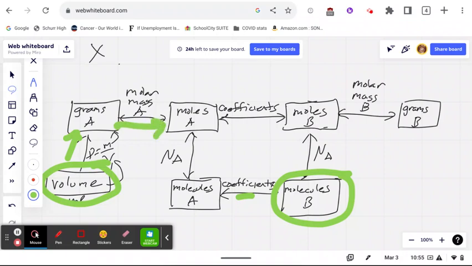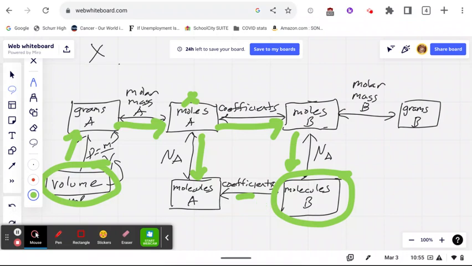Then from here, you can turn moles of the substance into moles of what you're looking for, and then moles of what you're looking for into molecules. Or you can go the other way: once you have moles of A, you can directly turn it into molecules of A by multiplying by Avogadro's number. And then once you have that, you can use the coefficients to turn it into molecules of B.